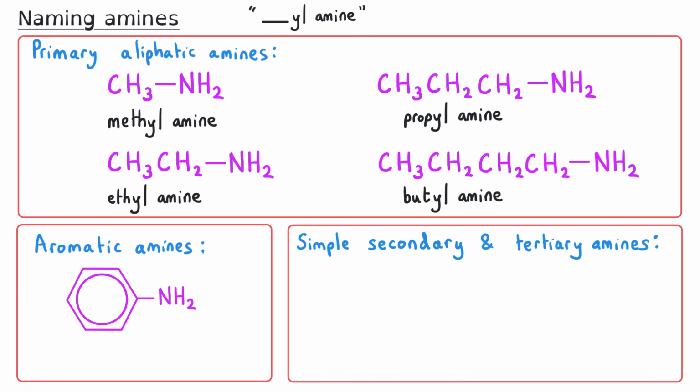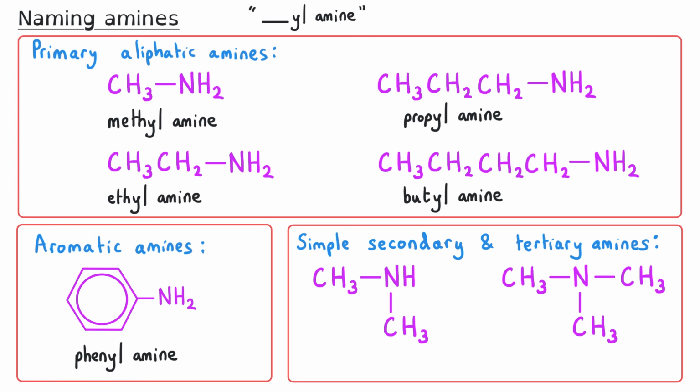If the nitrogen is attached to a benzene ring, that's an aromatic amine, and the name is phenylamine. And this is because the benzene is considered to be a branch substituent, and so the name is changed to phenylamine. We also name secondary and tertiary amines quite simply when all the alkyl groups are identical.